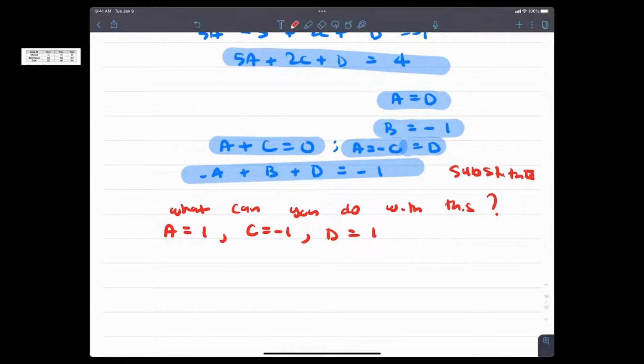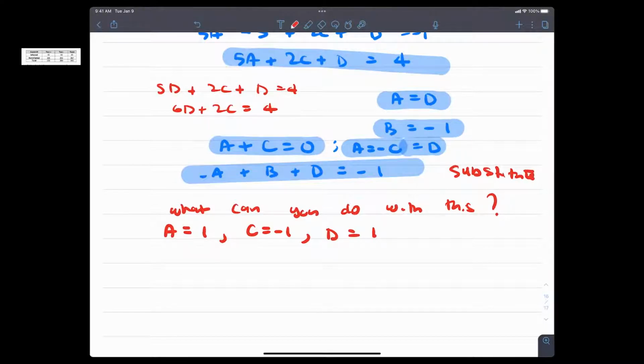A is d, right? 6d plus 2c. Well, sorry, I did that too fast. 5d plus 2c plus d is 4. 6d plus 2c is what? 4. Is that true? And what do you know about c?